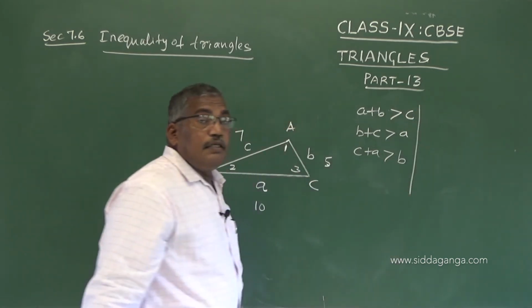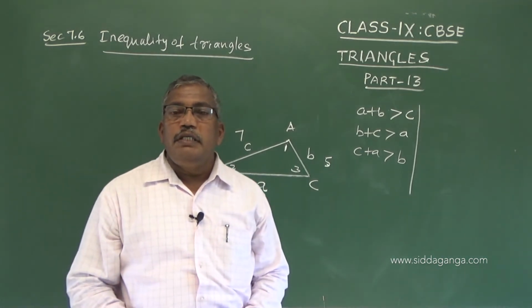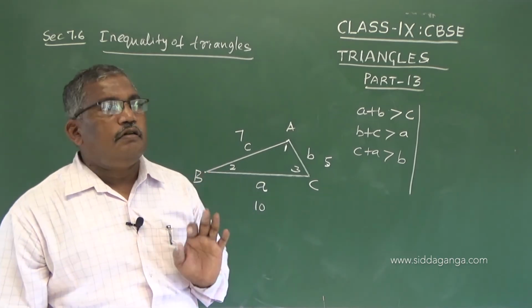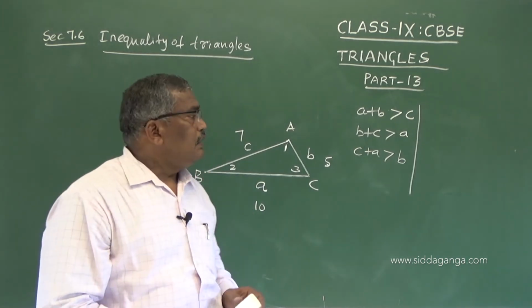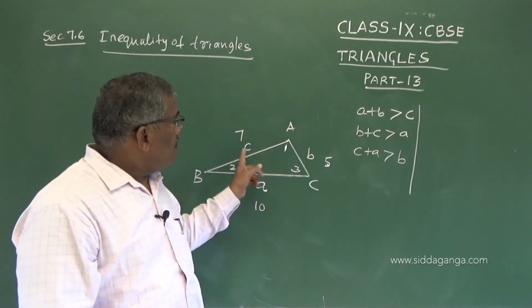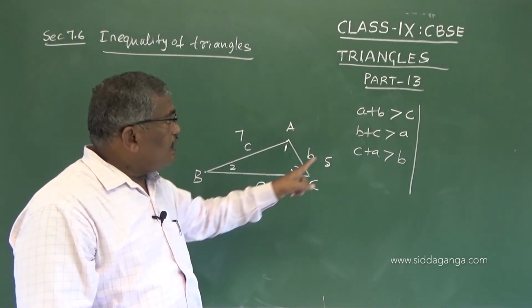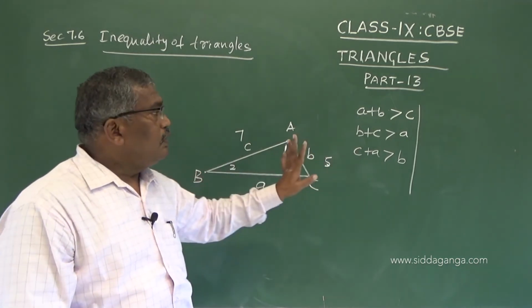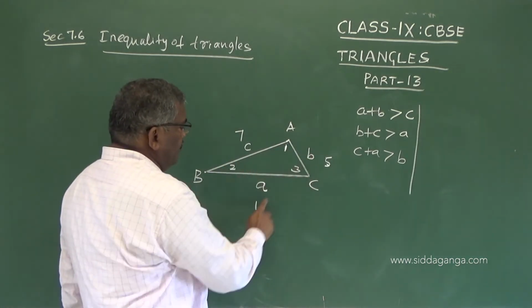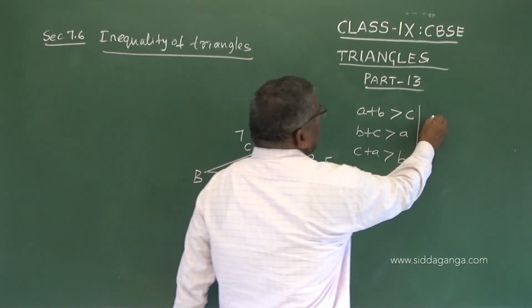That means the sum of any two sides in a triangle is always greater than the third side. This is another concept you have to understand. To compare with this example, a plus b is 10 plus 5, 15.